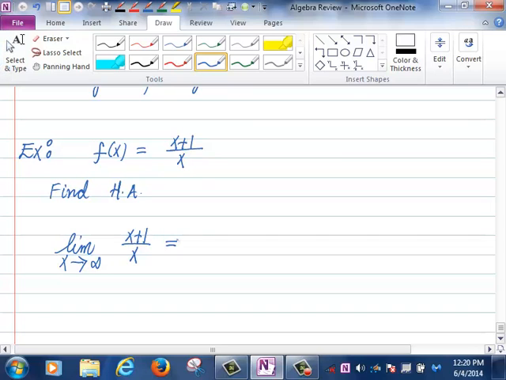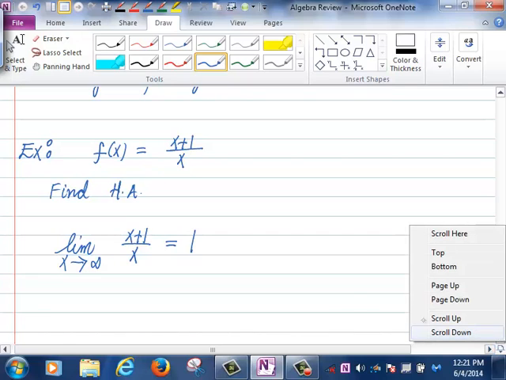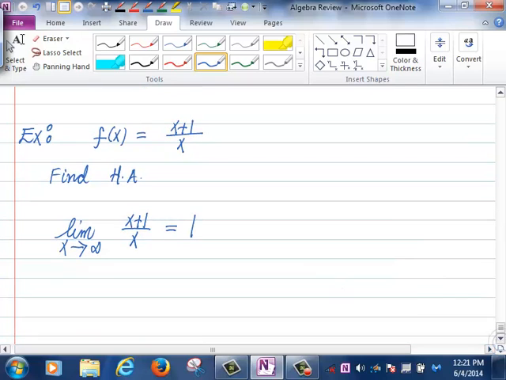One. So that tells you that you have a horizontal asymptote y equals 1. Okay? What's the graph of the equation y equals 1? That's the horizontal line at height 1. You also have to look at the limit as x goes to negative infinity of x plus 1 over x.